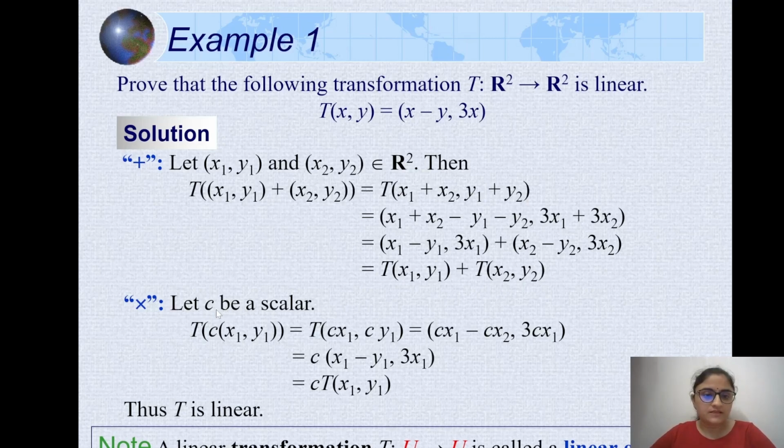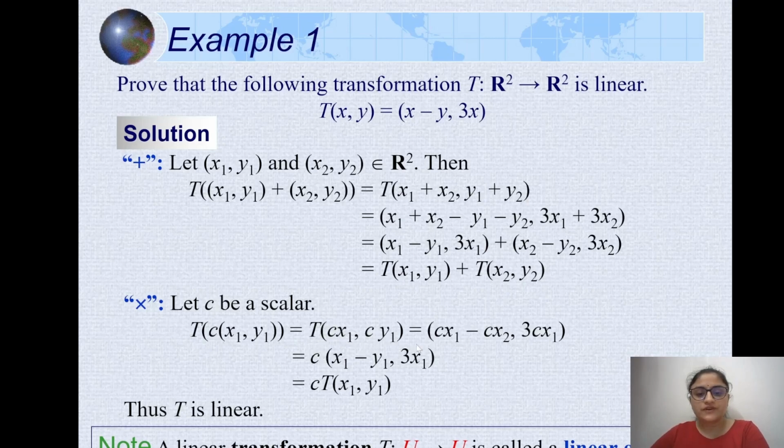Now for scalar multiplication, let c be any scalar. T applied to c times (x1, y1): this is just simple scalar multiplication of c with any vector in R square.